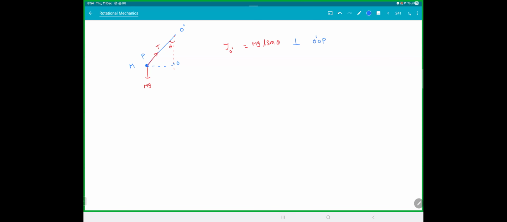So let me show the whole picture of how it looks. This is your O dash. This is your R bar. This is your velocity. The L bar will be perpendicular to both of them. This is your L bar.